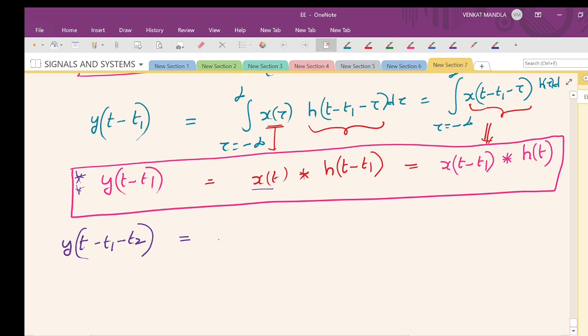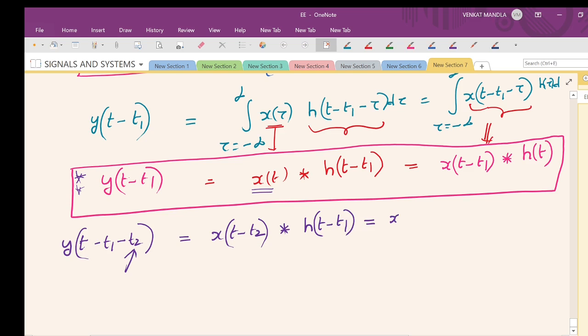First, I will delay in the signal x(t) by the amount t2, so x(t − t1 − t2) convolution with h(t).